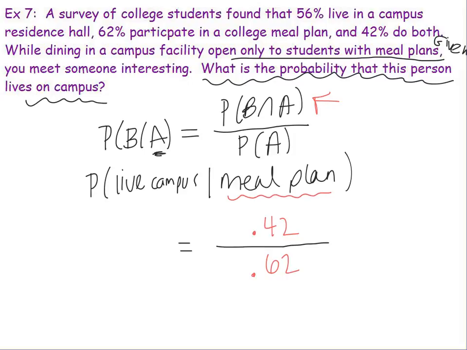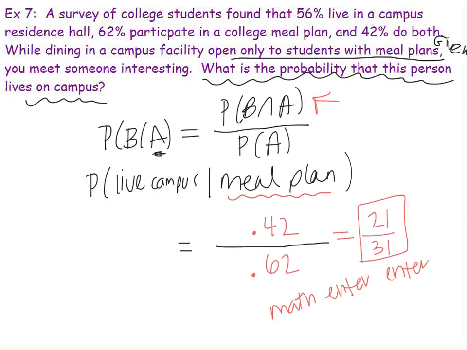You can do math, enter, enter, and it will automatically reduce it for you, and that reduces to 21/31. So that is a straight application of the equation that we used earlier. So let's take a look at another example.